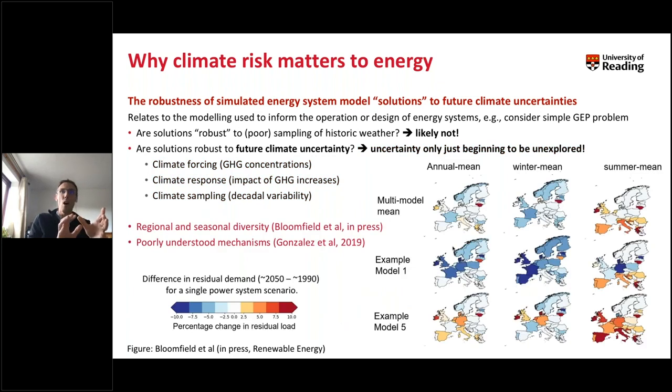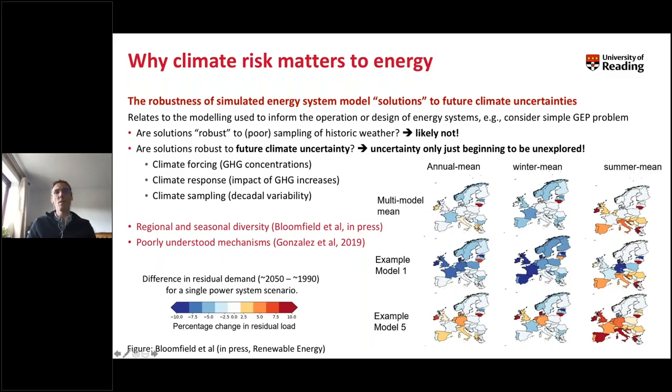That also glosses over a whole other layer of complexity, which is regional and seasonal diversity. I just want to focus on the bottom two rows of plots here. These come from the ESM demonstrator, the one Alberto mentioned, and look at differences in residual demand, so demand net wind, across Europe for different countries, taking projections for the change in demand net renewables between 2050 and 1990 from two different GCMs.